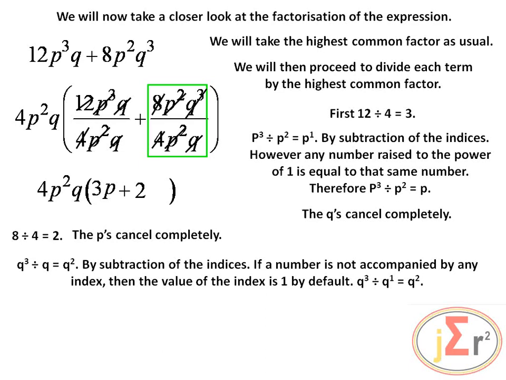So q cubed divided by q is equal to q cubed divided by q to the power of 1. By subtraction of indices, 3 minus 1 is equal to 2. So q to the power of 2.